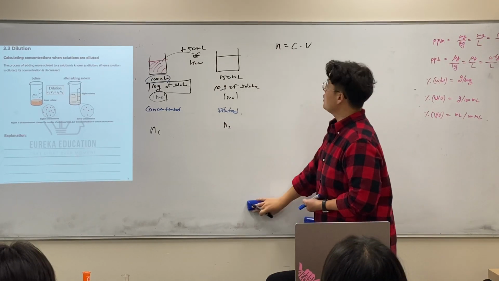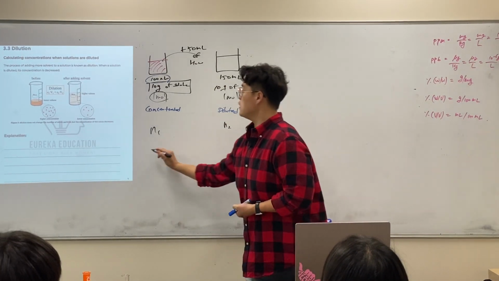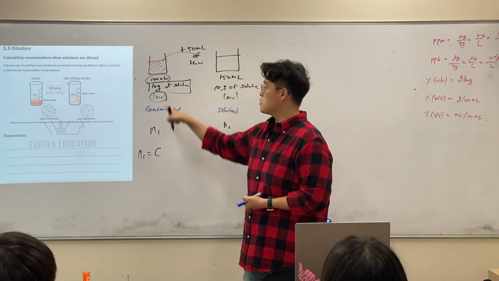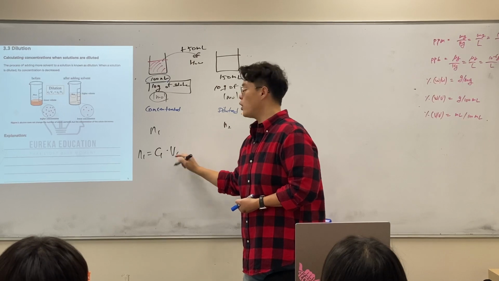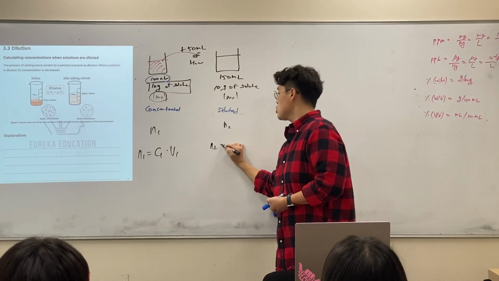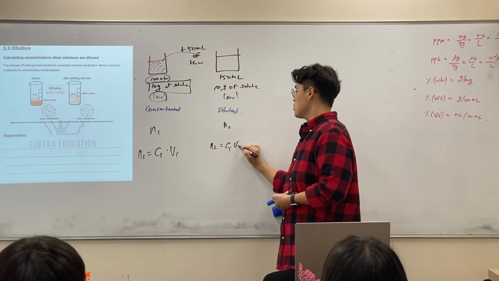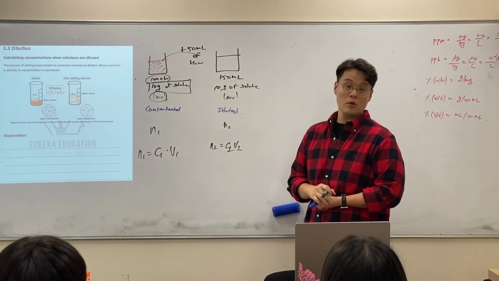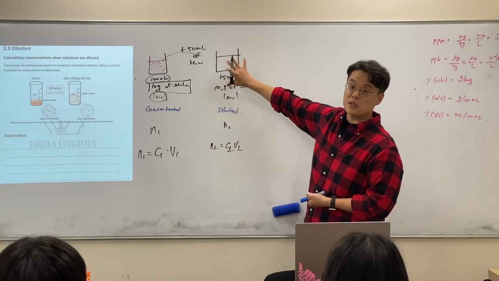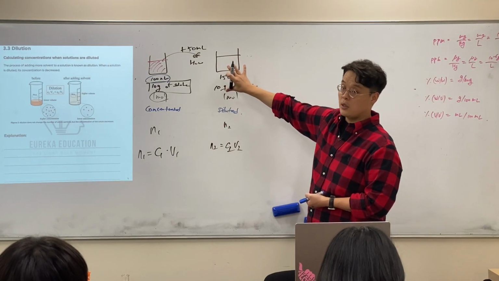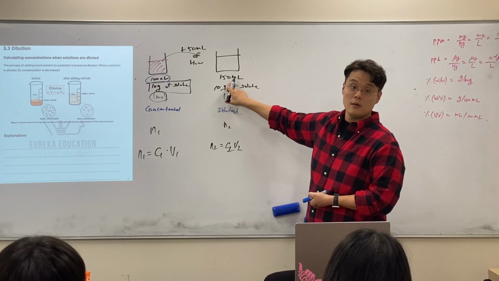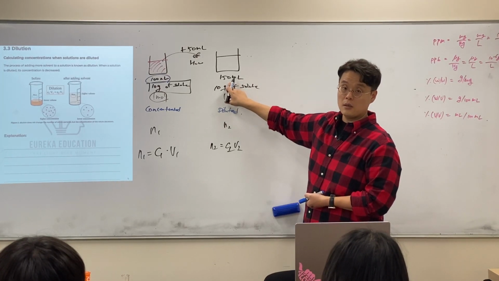For n1, using n equals CV, n1 can be found by C1, the concentration of solution 1, times V1, the constant volume of this. n2 would be C2 times V2, where C2 stands for the new concentration of this diluted solution, times the new volume, which is 150 mils in that case. Make sense?